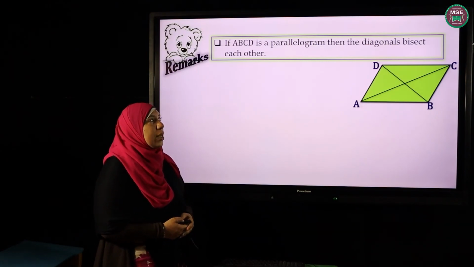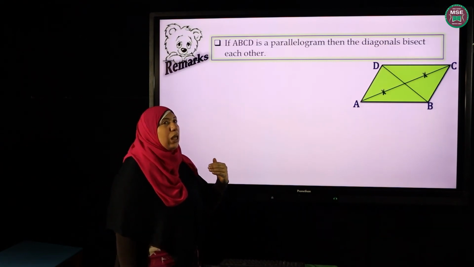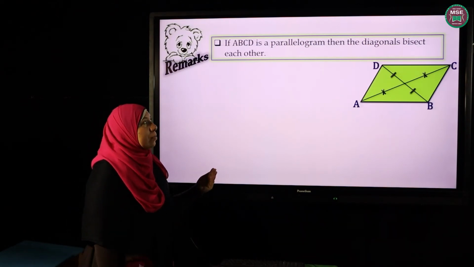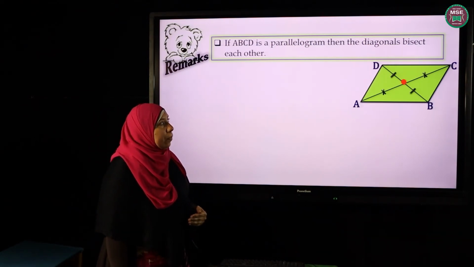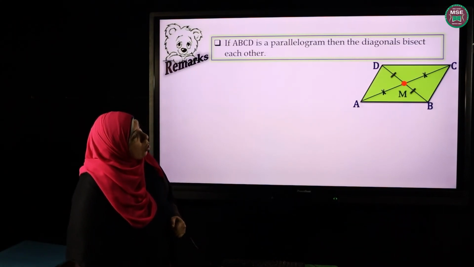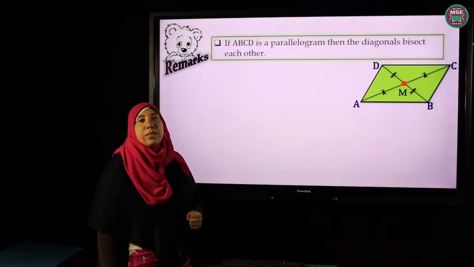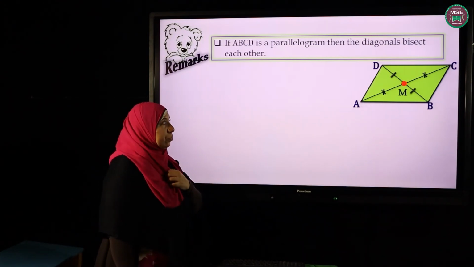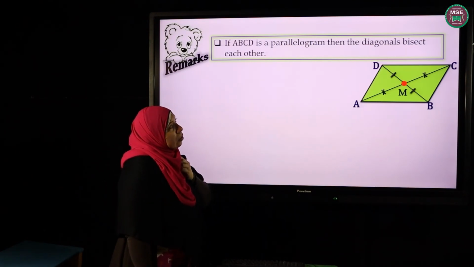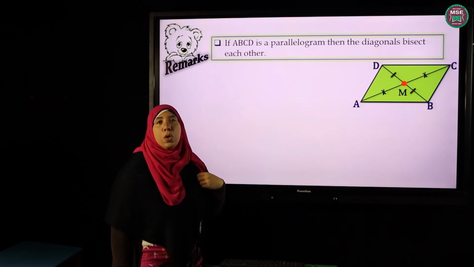The diagonals, AC and BD, bisect each other, which means they make equal distances from M. So BM equals DM and CM equals AM. Bisect each other means the two diagonals divide each other into two halves.